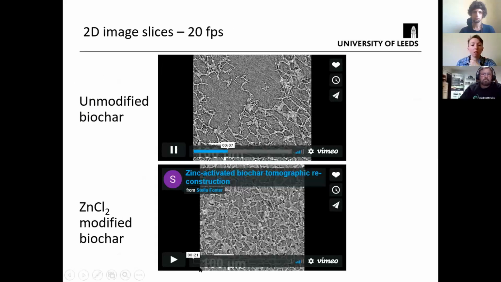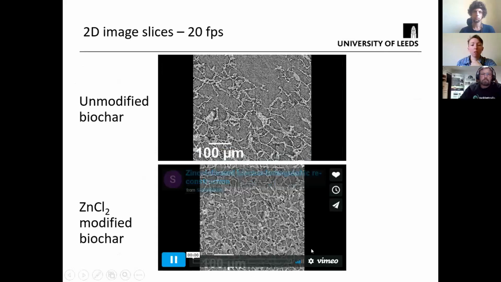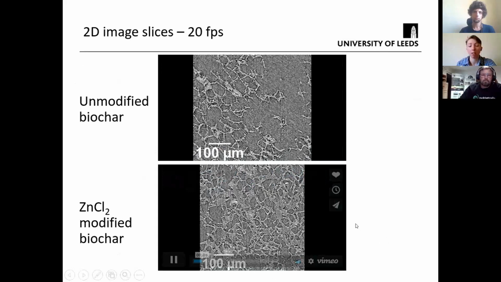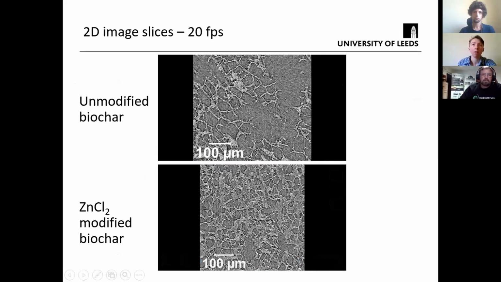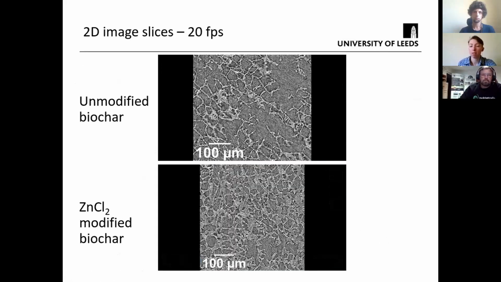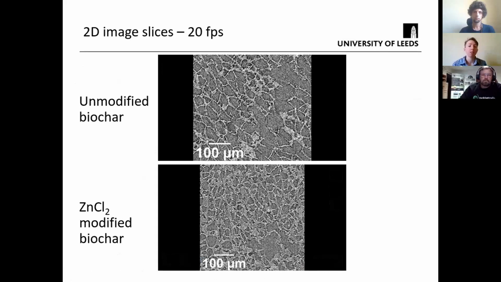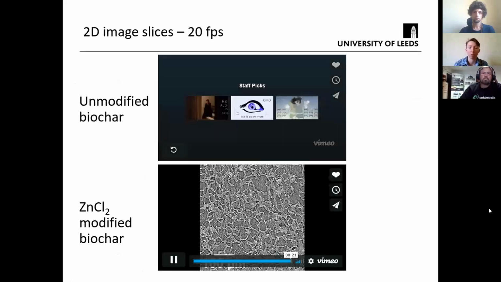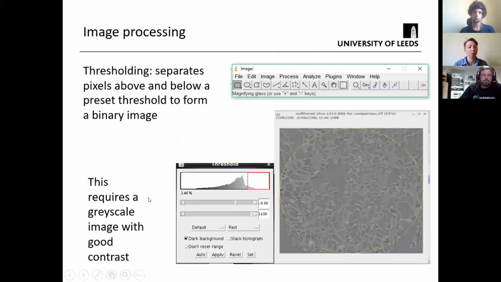Whereas in the zinc chloride modified biochar, these larger voids aren't observed. And I think that's the reason why the macropore percentage volume is greater in the unmodified biochar than the zinc chloride modified biochar. I'm happy to chat with people over email about this if I haven't explained anything very well.